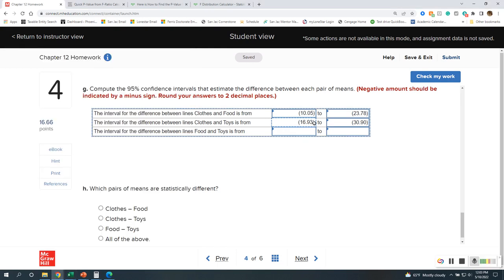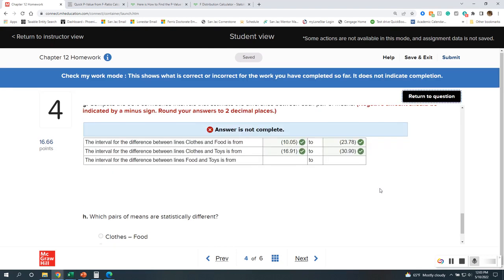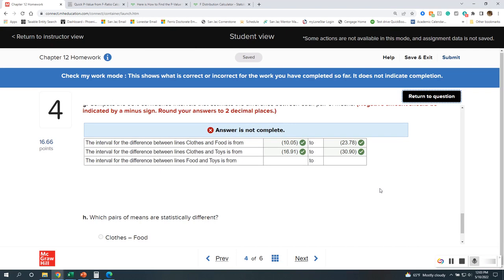So you're going to be 9-1. So let's try 9-1 first. There we go. So again, just because of how McGraw-Hill rounds, our calculations are slightly off.